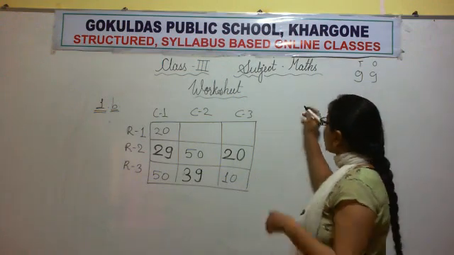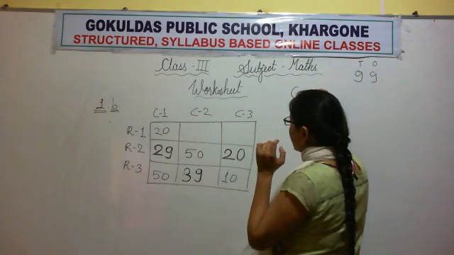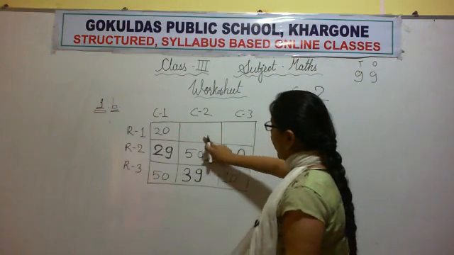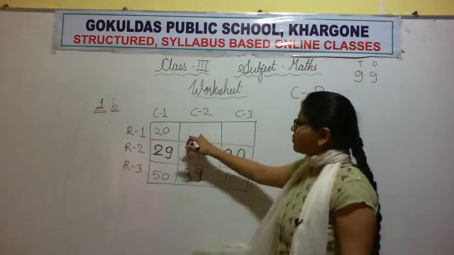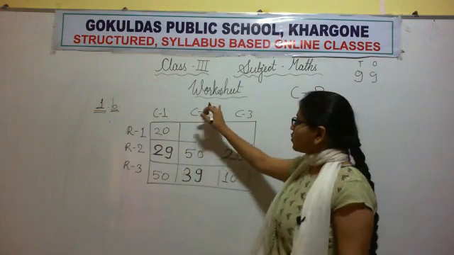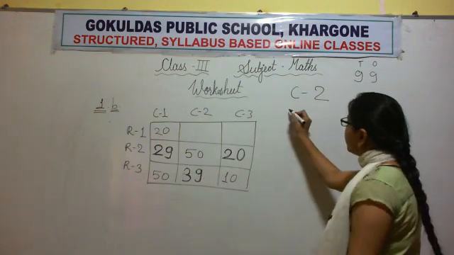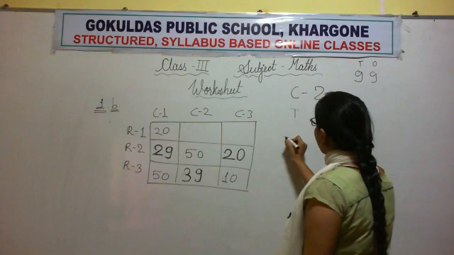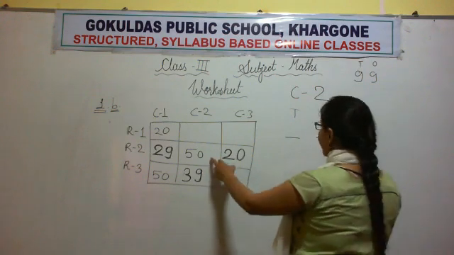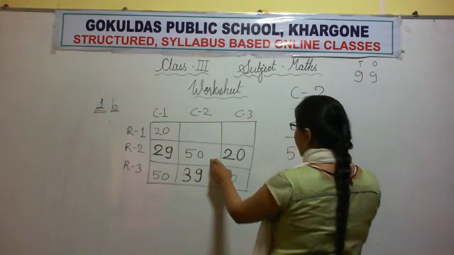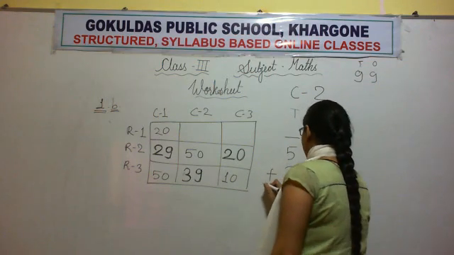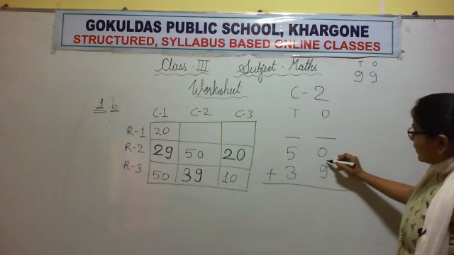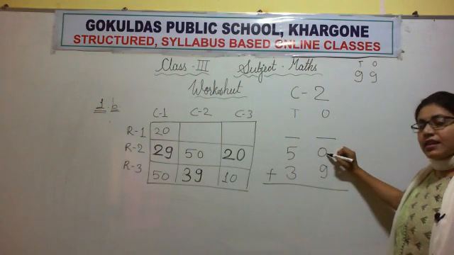Now column number 2. We have to find here. So we will find this box we have to fill now. So first one number we have to find. Second number is 50 and the third number is 39. So let's do it. 9 plus 0 is 9.